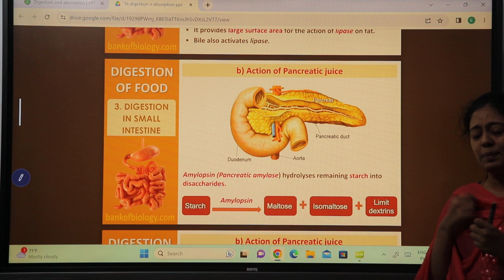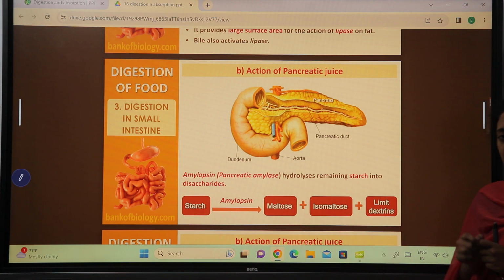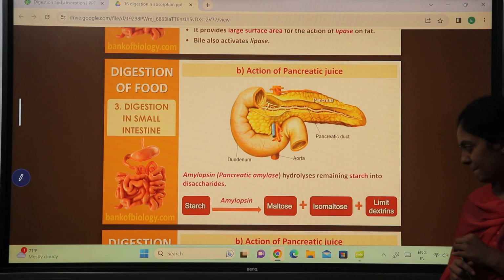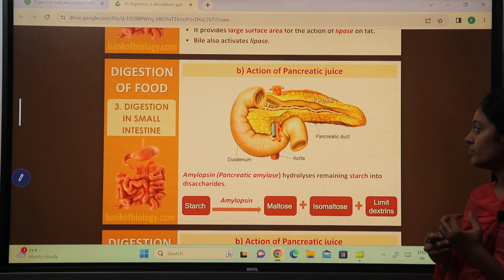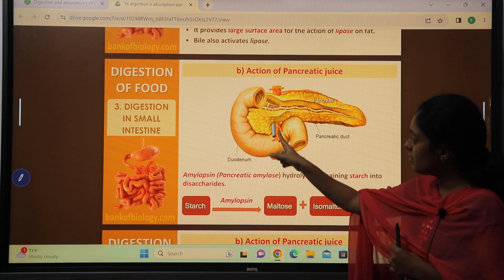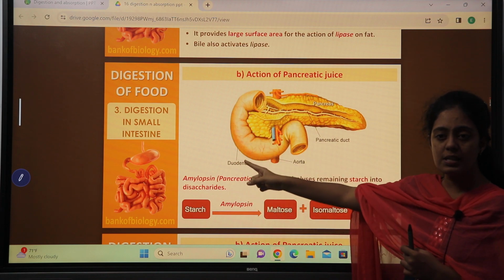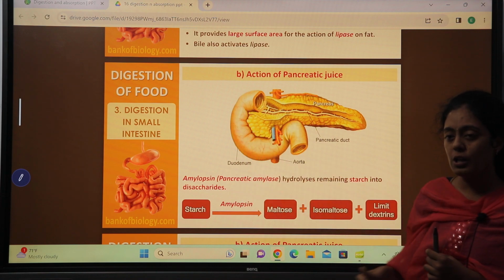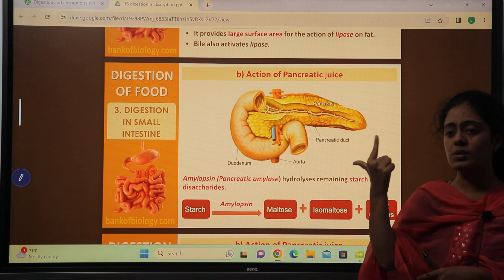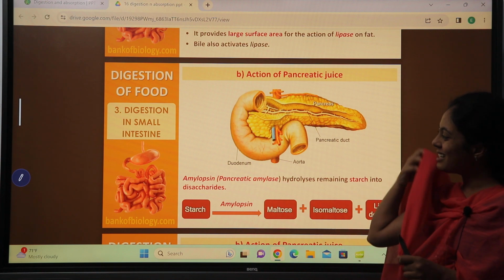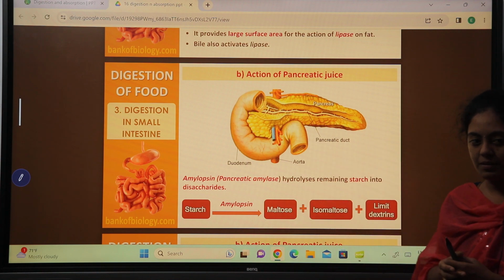Don't forget, when I repeat things, it's very important. You can see here this duct. This duct conducts all the juices into the duodenum: pancreatic juice and bile juice, and intestinal juice will already be there.